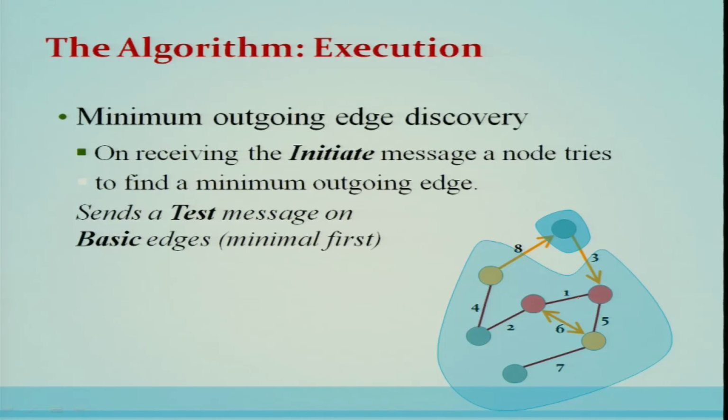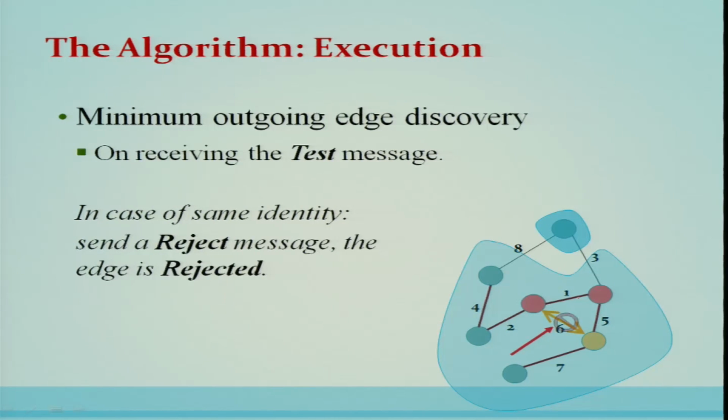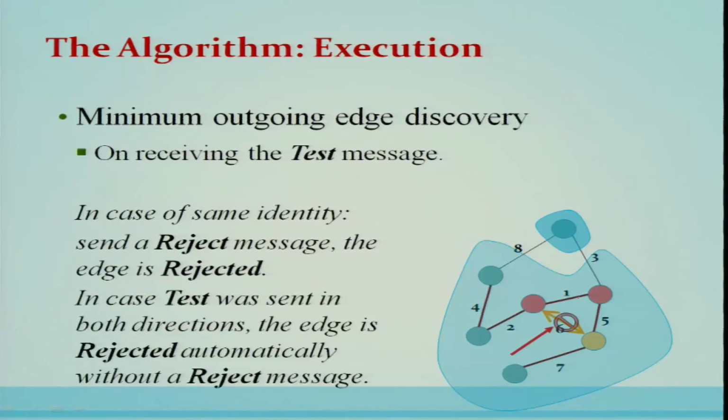So on receiving the initiate message, a node tries to find the minimum outgoing edge, sends a test message on the basic edge, minimal first. On receiving the test message, in case of the same identity, send a reject message, the edge is rejected.